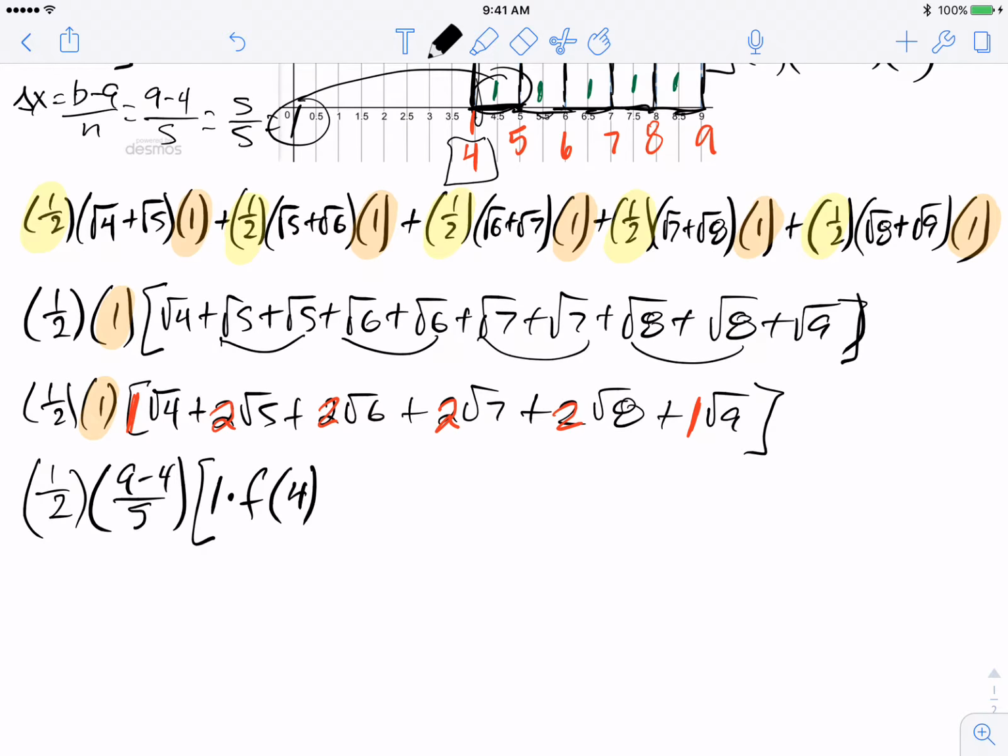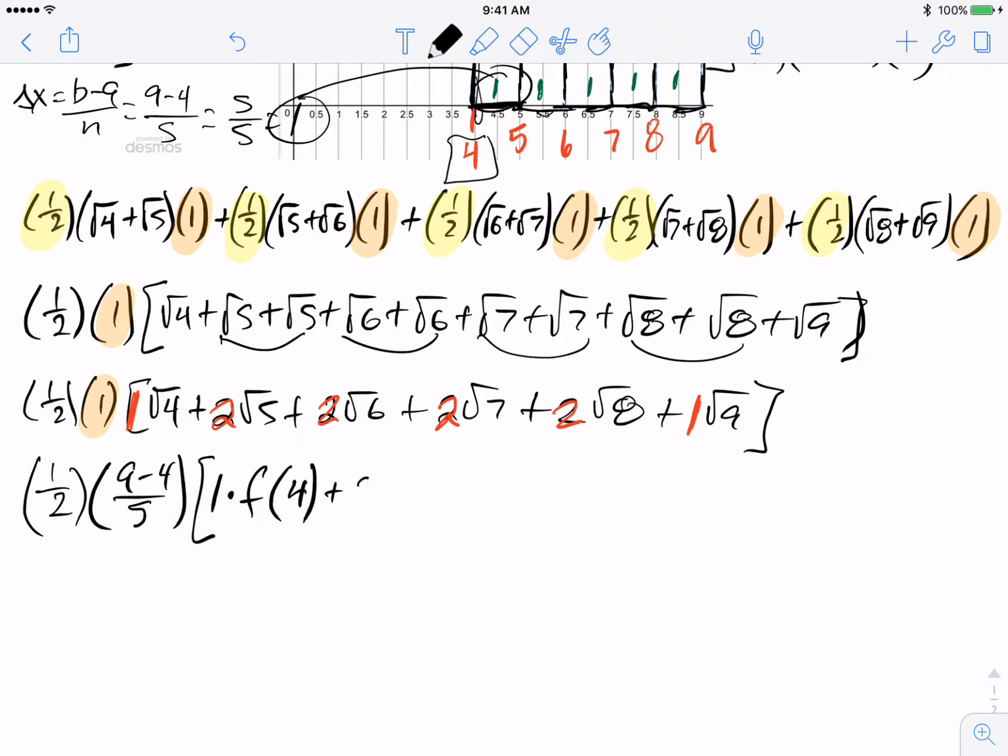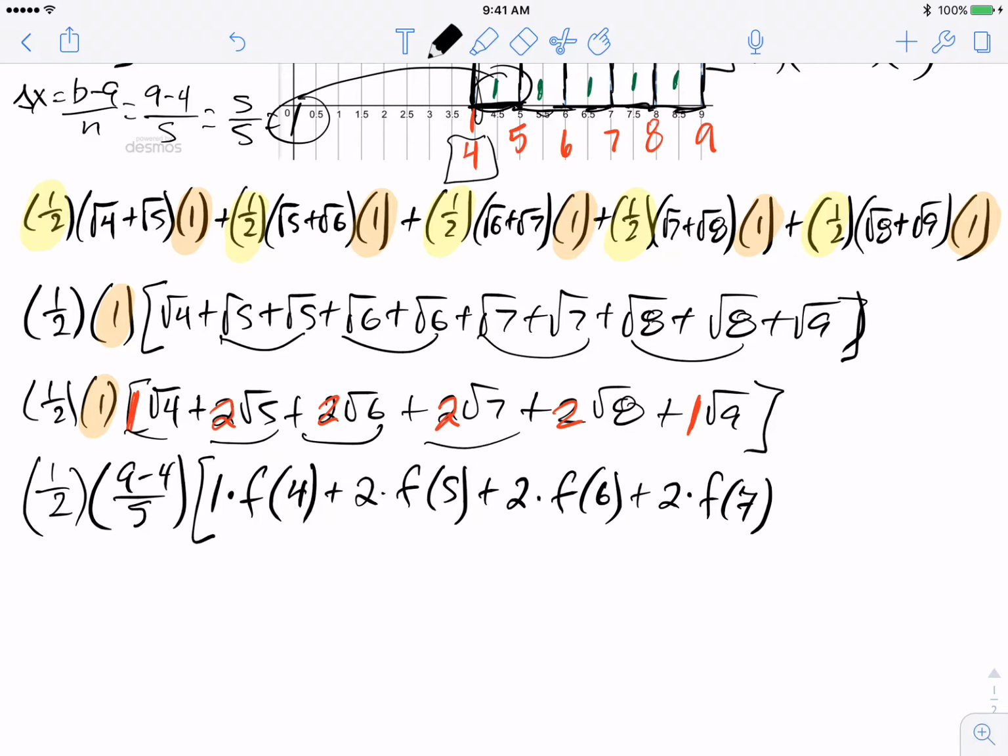Okay, and then I have plus 2 times f of 5, that's for this one, so we did that one and that one, plus 2 times f of 6, that's this one, plus 2 times f of 7, plus 2 times f of 8, plus 1 times f of 9.